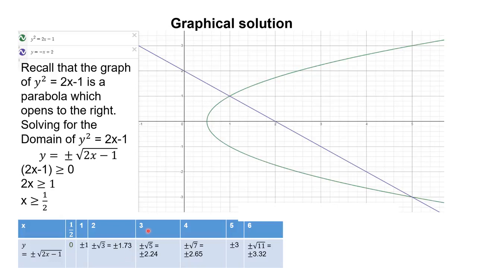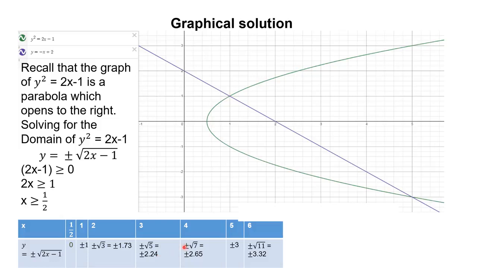Similarly, we can substitute x equal to 3 and solve for the value of y. So you have square root of 2 times 3, that's 6, minus 1, so that's square root of 5. This is plus or minus square root of 5, so plus or minus 2.24.